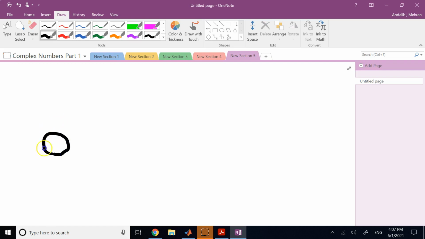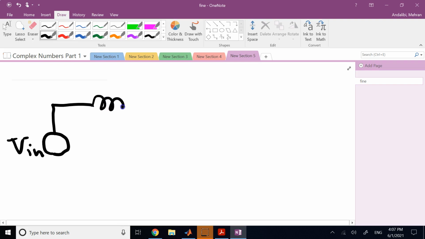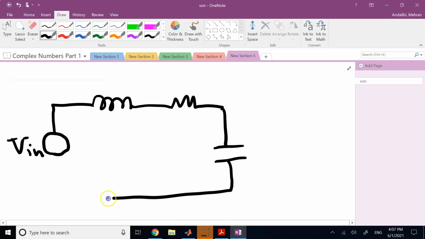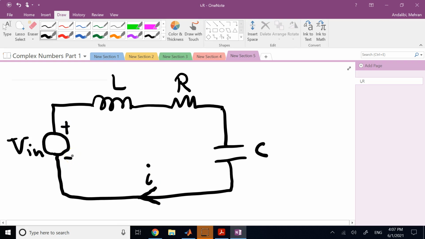So here is my input voltage, and it goes to an inductor, it goes to a resistor, it goes to a capacitor, and it comes back. Okay, so this is L, this is R, this is C. The current in this series circuit is I, and that's why you want to use what? J instead of I for the base of complex number, and this is positive and negative, right?